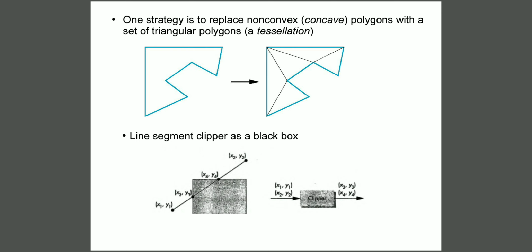But how the clipper identified that the line segment between x3 y3 and x4 y4 is visible, and why not the other parts, is not known to us, because the implementation is hidden from us. That is the reason we call the line segment clipper a black box.